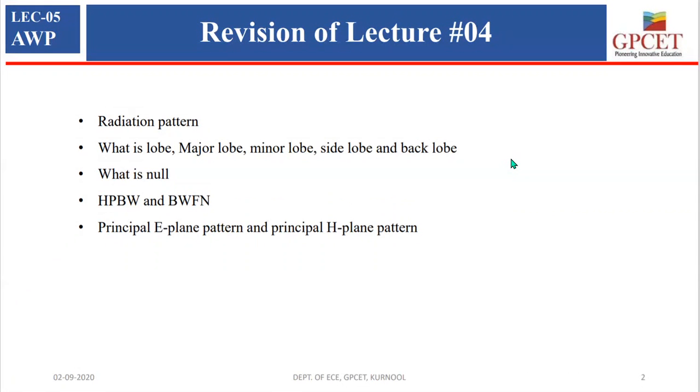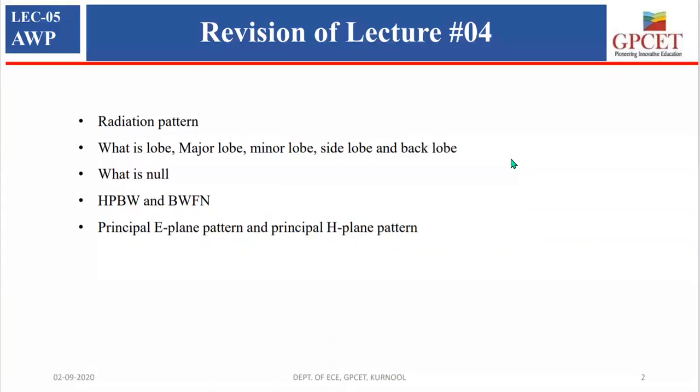Generally, we will construct the radiation pattern in 2D or 3D, a 2D radiation pattern or a 3D radiation pattern. For the radiation properties, we mainly use the power and the field.